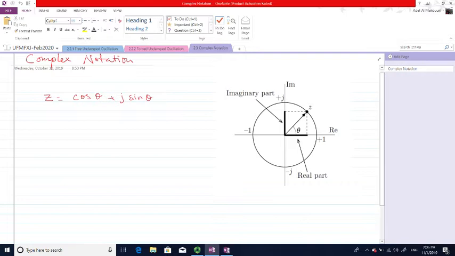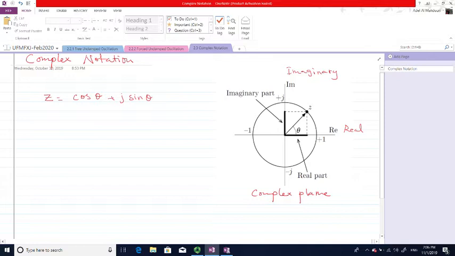If you look at this diagram, which has the complex plane, it will have two coordinates, the real coordinate and the imaginary coordinate here. The real coordinate will be varying between +1 and -1.